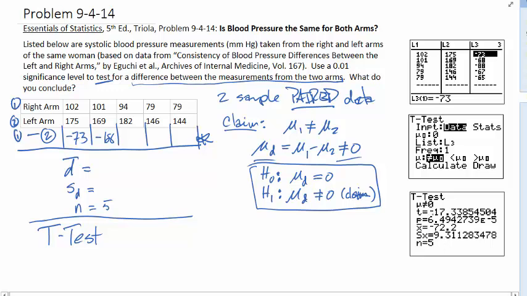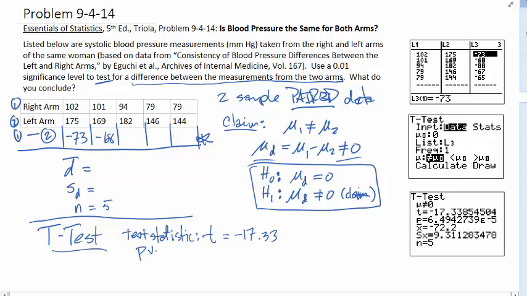We have our test statistic from our t-test, and this uses symbol t, which means we had used our t distribution, and we got a negative 17.33. That's a very negative number there.